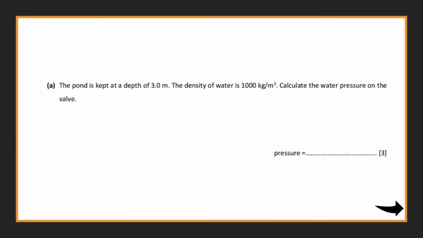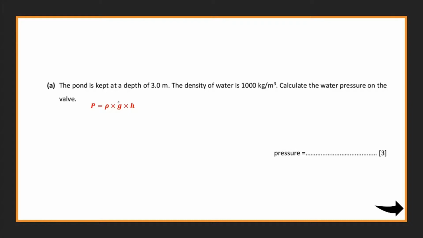To calculate the water pressure on the valve, we have to use the equation to calculate the pressure of the liquid. The equation is this one. Pressure equals the density of the liquid times acceleration due to gravity, or acceleration of free fall, times the depth of the liquid.